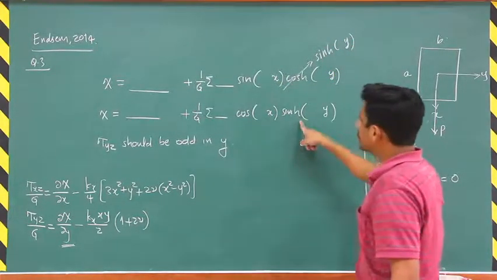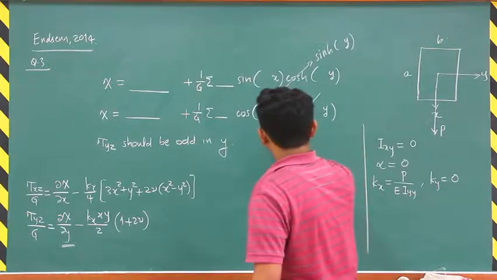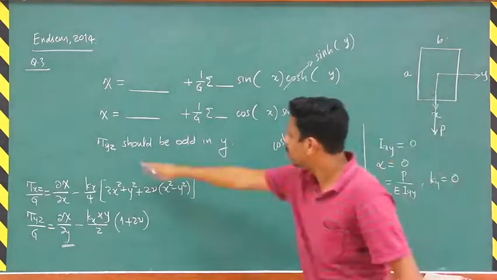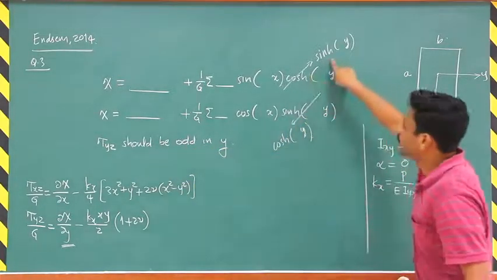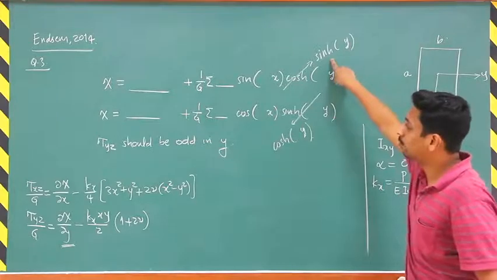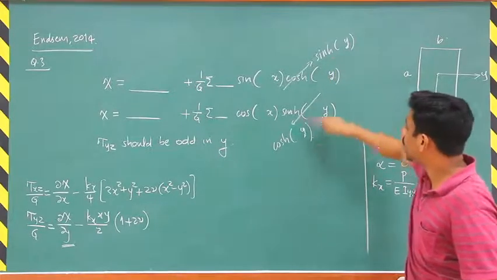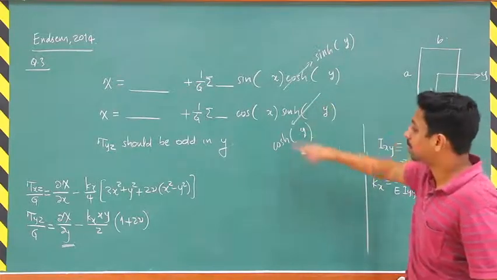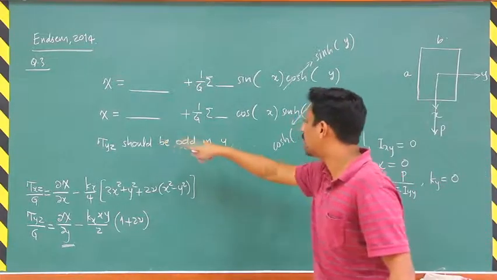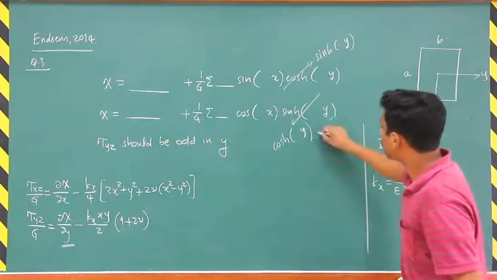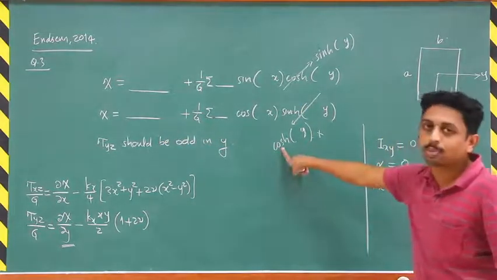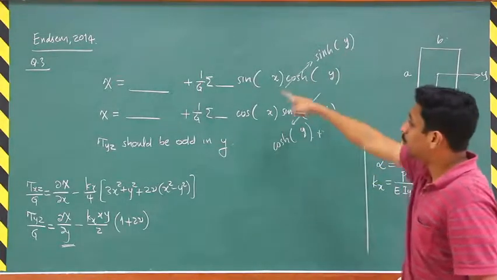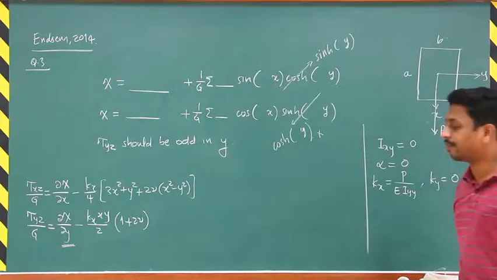And if we differentiate the second one, it will give us cos hyperbolic in y. Now we want this tau yz to be odd in y. We have got sine hyperbolic for tau yz from the first chi function and cos hyperbolic in y from the second chi function. As the tau yz component is odd in y, the second is not accepted because the cos hyperbolic function is even and the sine hyperbolic function is odd. So we'll definitely go with the first choice of chi function.